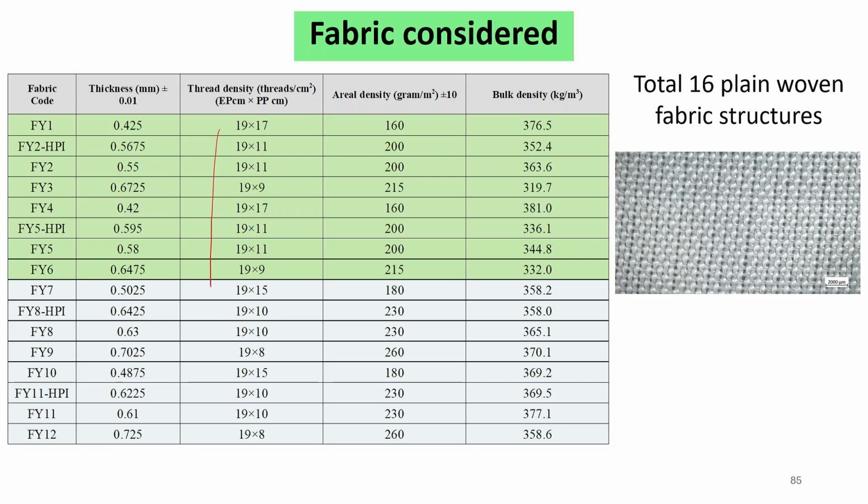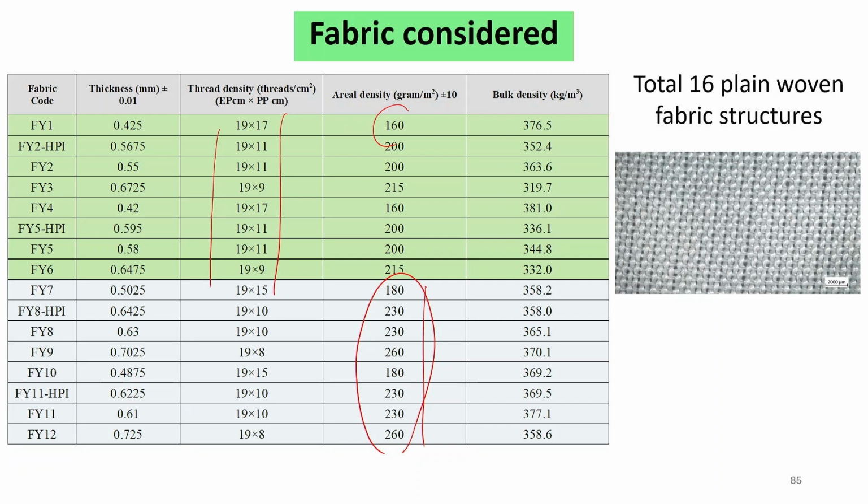To maintain the areal density in the range of 160 to 215, we varied the pick density. For glass core it was almost similar, with a little higher GSM obtained, and bulk density was calculated.